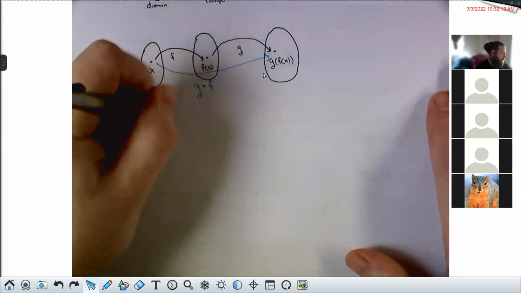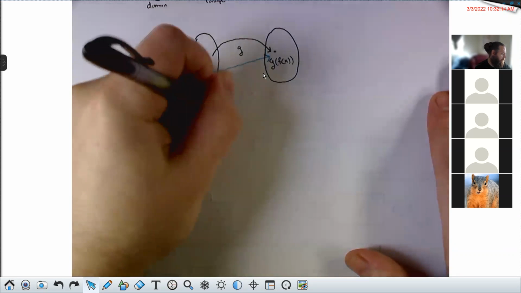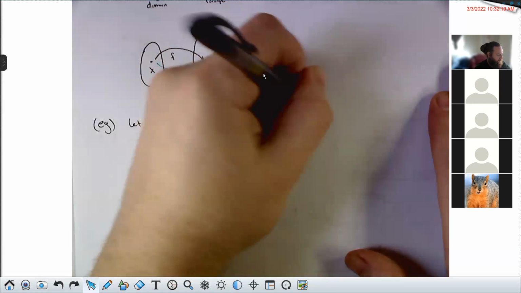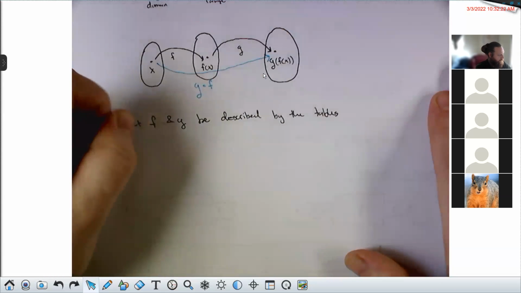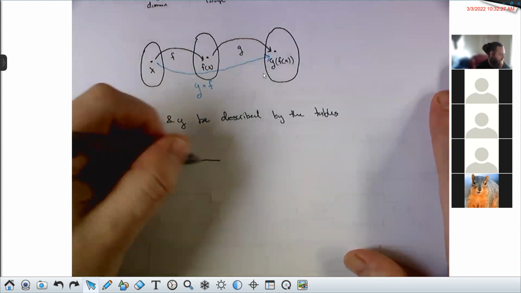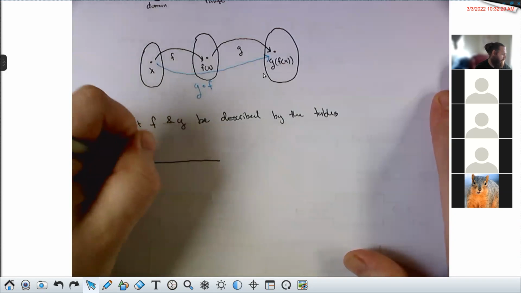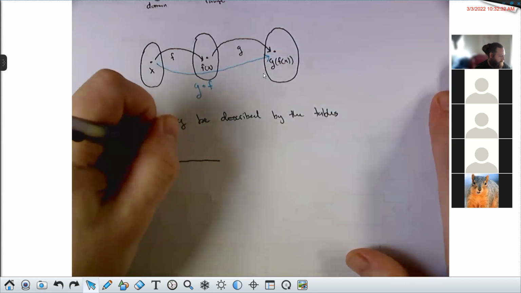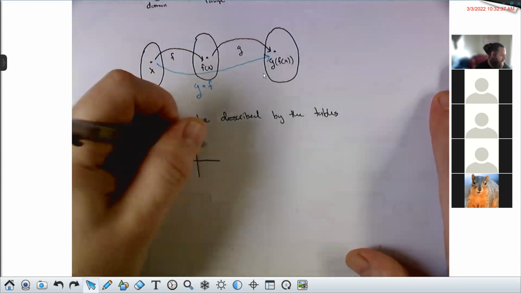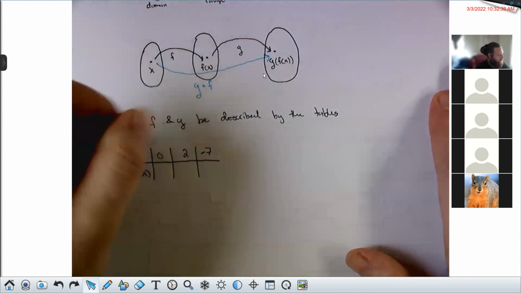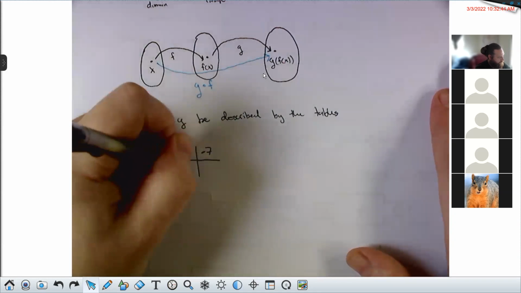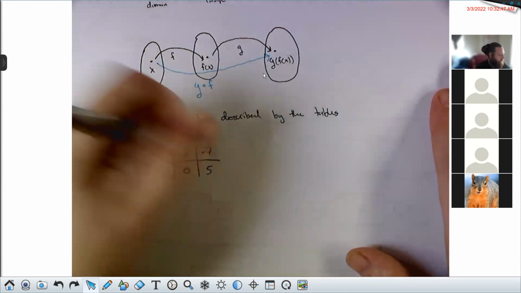Let F and G be described by the tables. So it's X and F of X. We'll keep this simple. And we'll say F sends 0 to 3, sends 2 to 0, and sends -7 to 5.